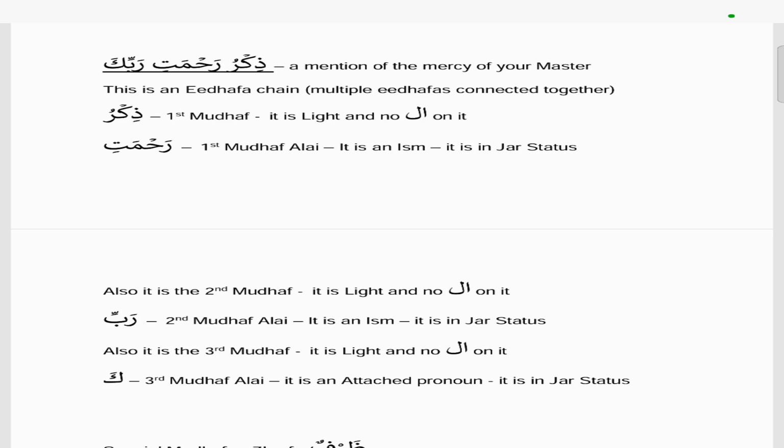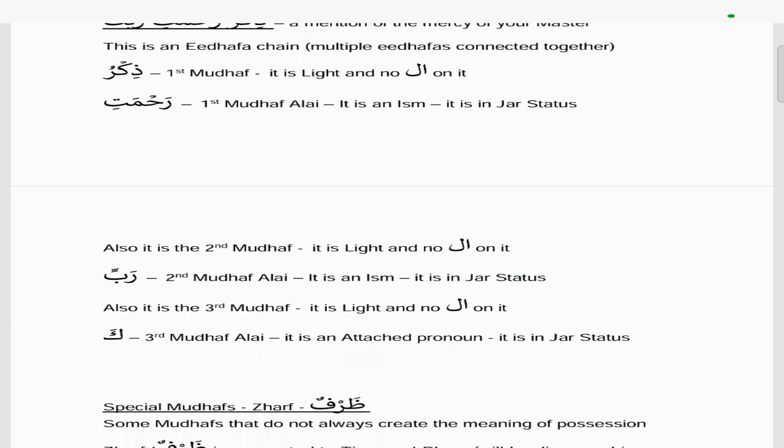And then the next ism, rabbi, is the second mudaf ilay, the mudaf ilay to rahmati, and it is therefore in jar status. Also, it is the third mudaf, because rabbi is light and there's no al on it.